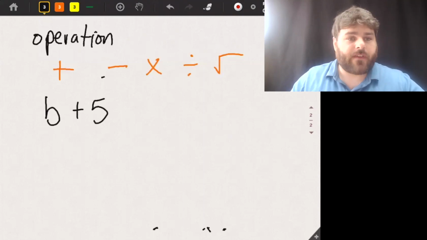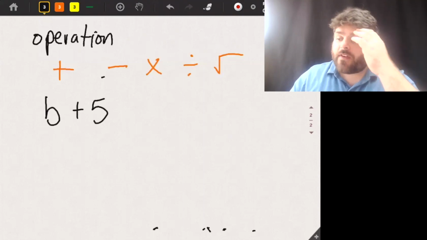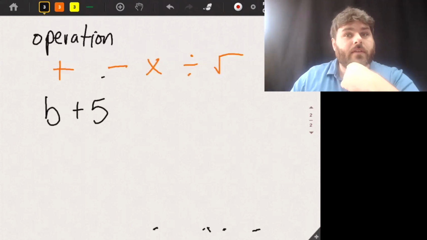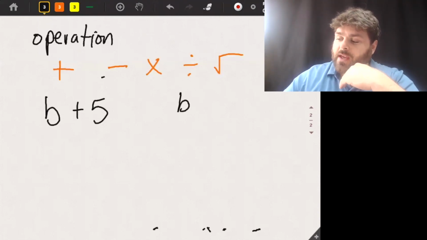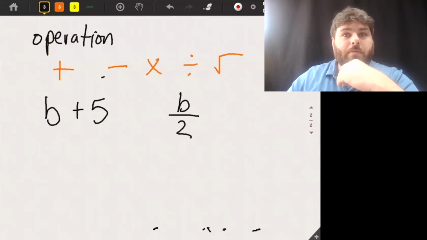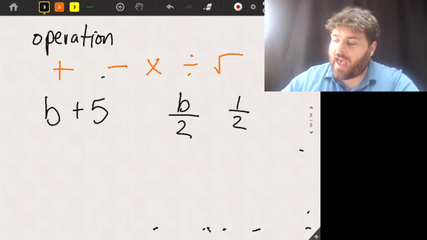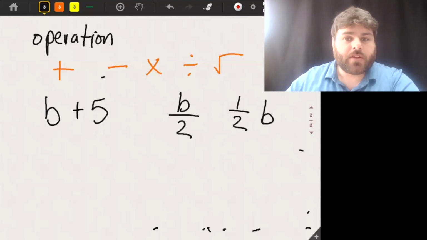B plus 5. What if instead of adding 5, we took the number of basketball players and cut it in half? What would that be? That would be B divided by 2. That would be half of the amount of basketball players. Of course, another way to write that would be 1/2 B. It just represents half the amount of basketball players.